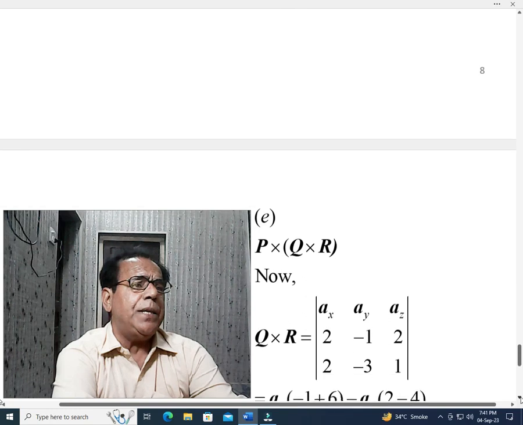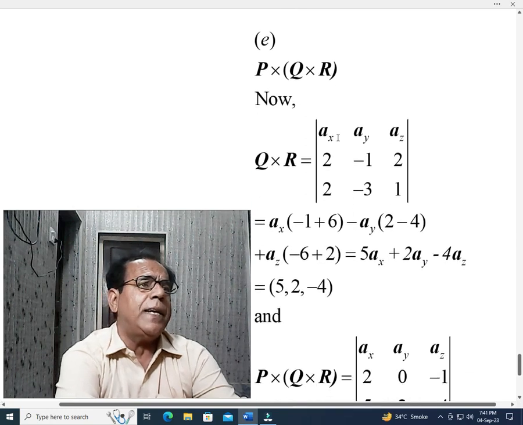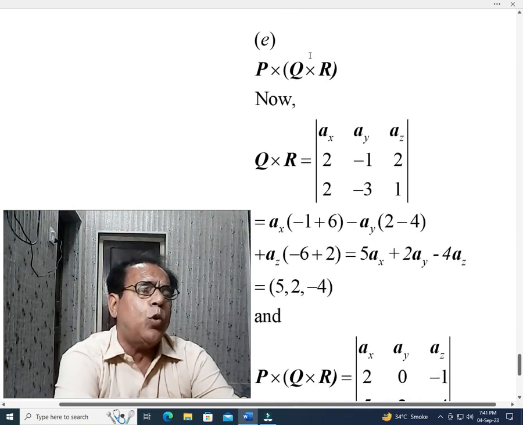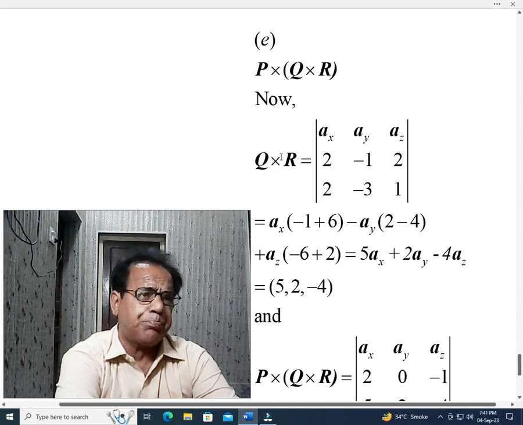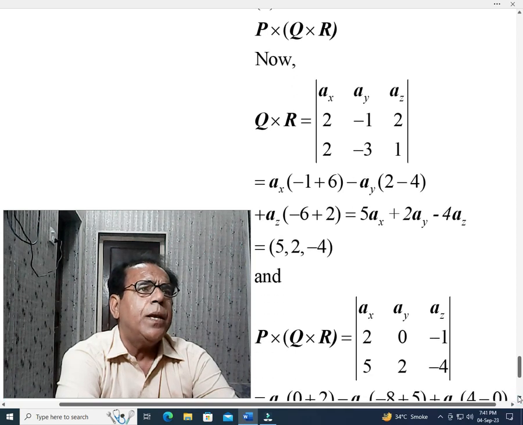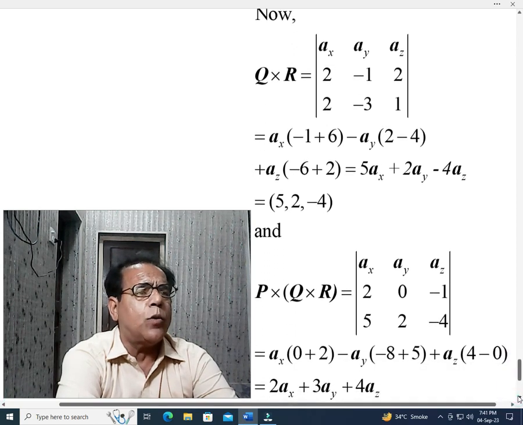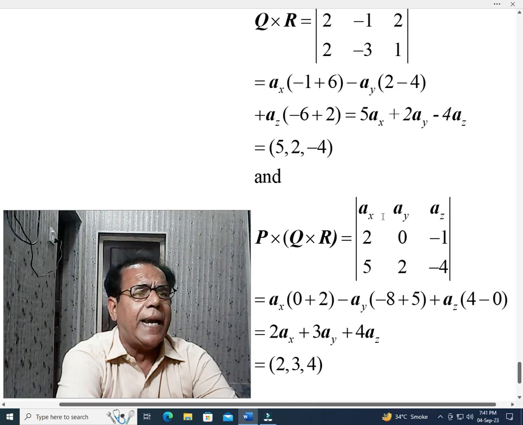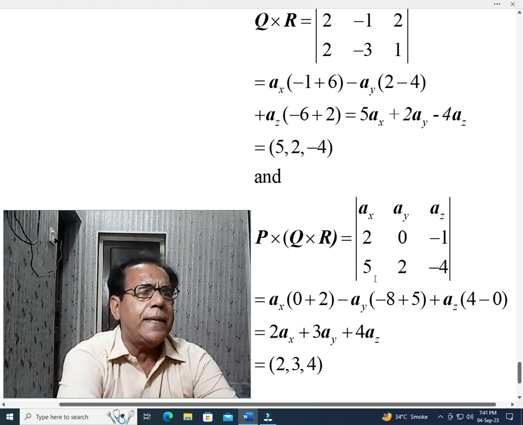Next part, P cross Q cross R. Here Q cross R is within bracket, so first we will operate this. Q cross R, I think we have already calculated this, so this becomes equal to this. It can be written in this form. Now we take P cross Q cross R. So ax ay is as usual, and these are the coefficients of P, and these are the coefficients of this 5, 2, minus 4.